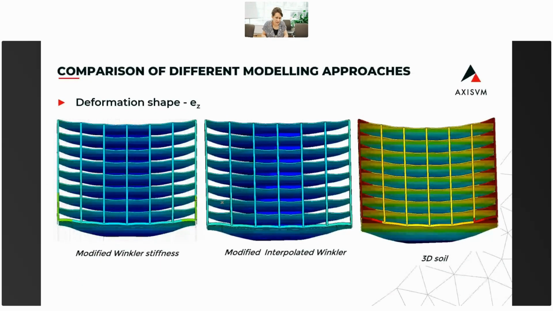Now that we understand the governing mechanism, we can compare the final modeling approaches. The modified Winkler stiffness represents the influence of soil continuity, while the interpolated Winkler stiffness can better approximate the varying soil condition. And the 3D continuum model naturally captures both effects simultaneously. The objective is not to find the best model, but to understand the strengths and the limitations of each approach.